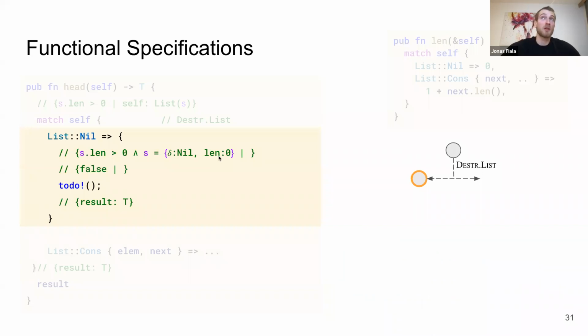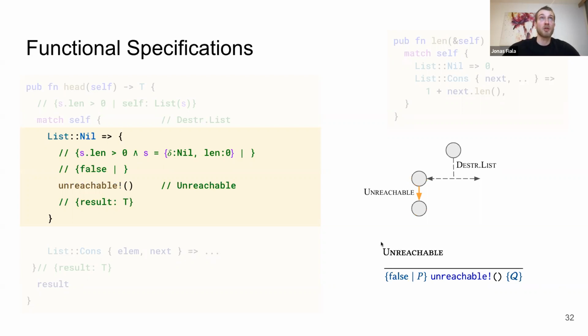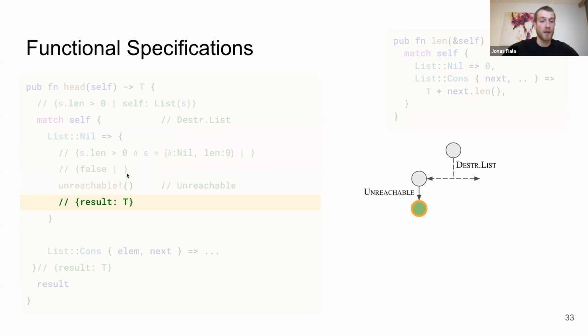So we can use an SMT solver and check whether this can imply false. In this case, it can, which allows us to apply this unreachable rule. Whenever we have false, we can just say we're done. And so this is one solution.